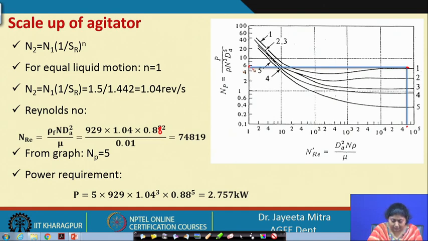This number has been taken as 5 for NP. So, 5 into 929 into 1.04 cubed, that is the revolutions, and into 0.88 to the power 5, giving 2.757 kilowatt. This is how we can calculate the power requirement, and we can also scale up the process.